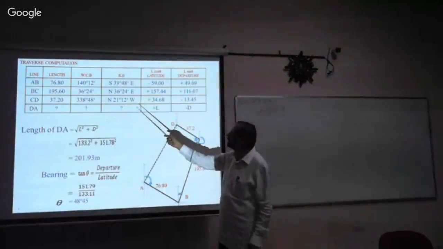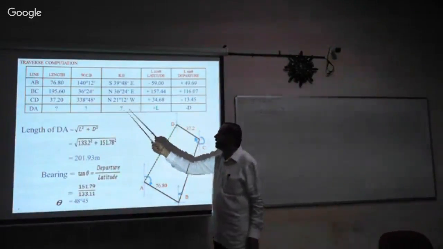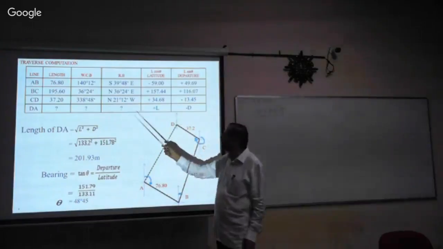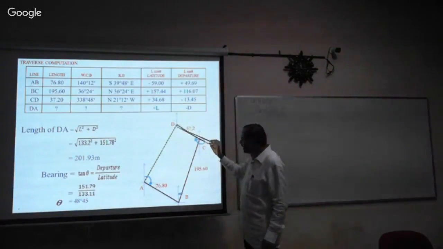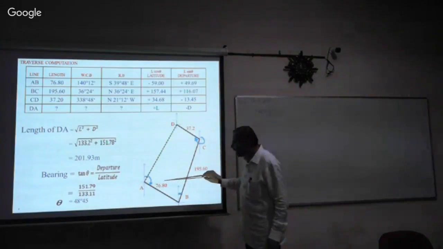And also now we need to calculate the reduced bearing of the line DA. Now see, this is the latitude and departure.